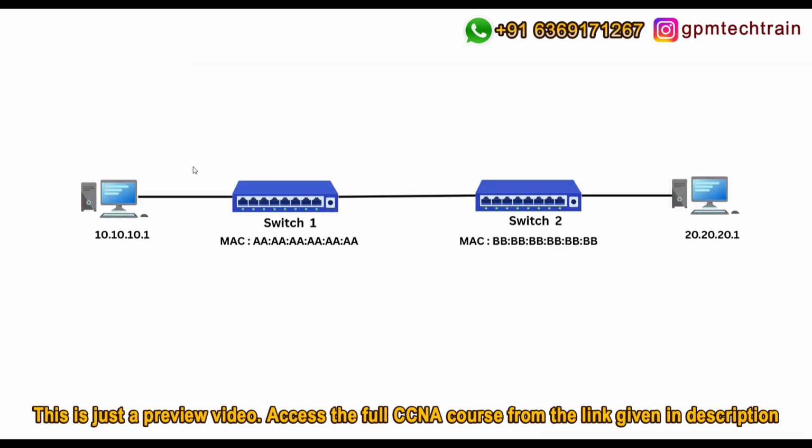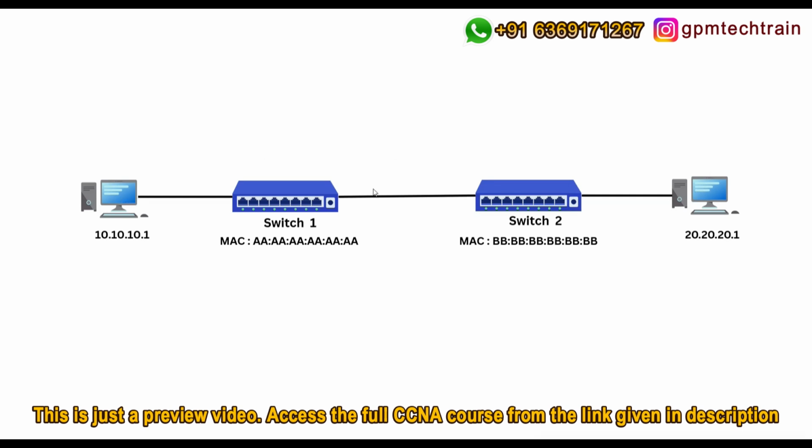Let me explain with a simple topology or diagram. Consider a simple topology where you have a user on this side and another user on this side. It can be any two users, and there are two different switches. If this user wants to connect to that resource, the traffic should come to switch 1, then go to switch 2, and then to the other user.